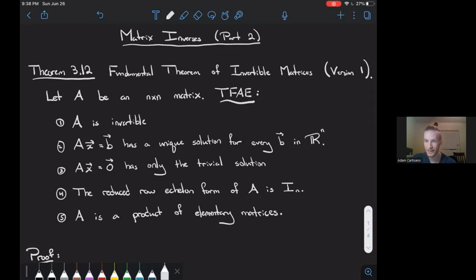These are all logically equivalent statements to the statement that A is invertible. And next time we're actually going to double the length of this list, and then some. So stay tuned for that one.